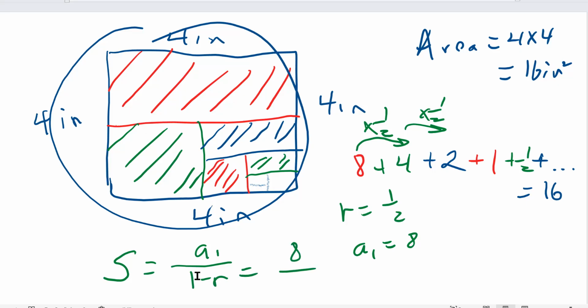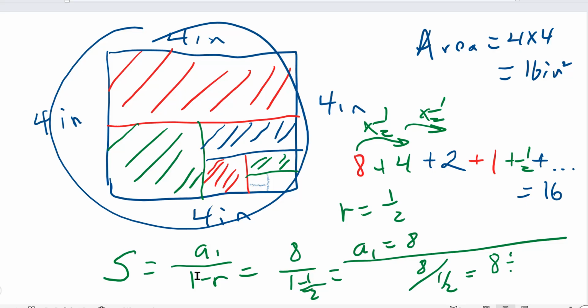So it is 8 over 1 minus a half, which means it is 8 over 1/2. 8 over 1/2 is 8 divided by a half, which means it's 8 times 2 over 1, and sure enough, it's the 16 that we would expect.